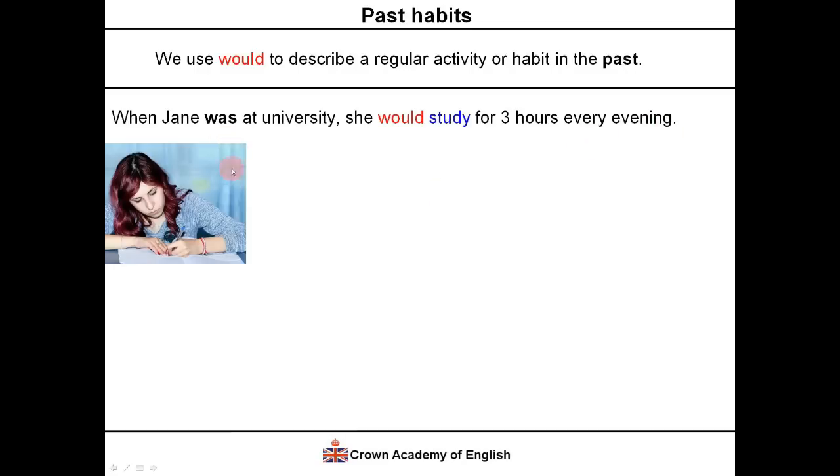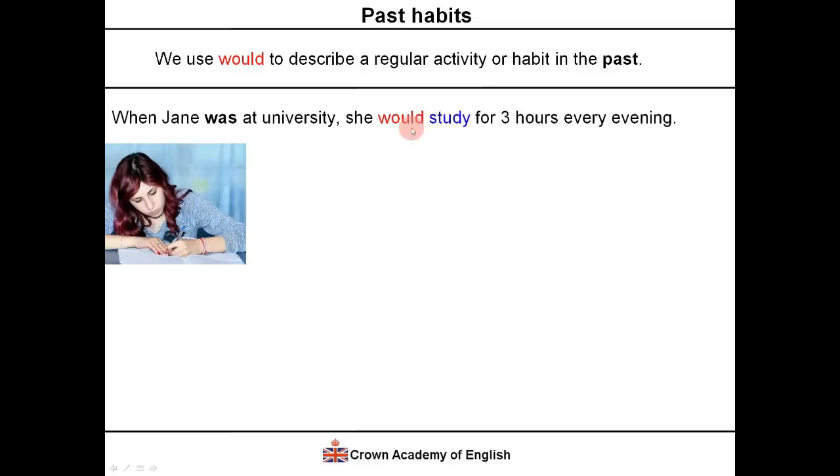So notice this is an action in the past because we have was at university. So she would study. This means that she studied regularly in the past for 3 hours every evening.